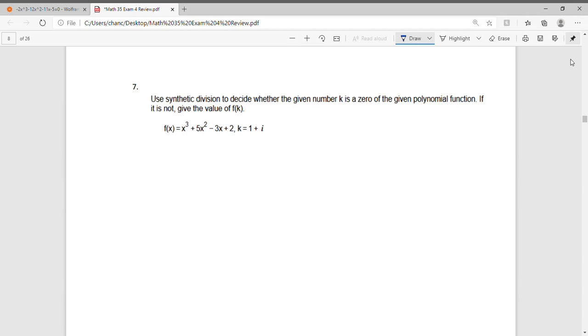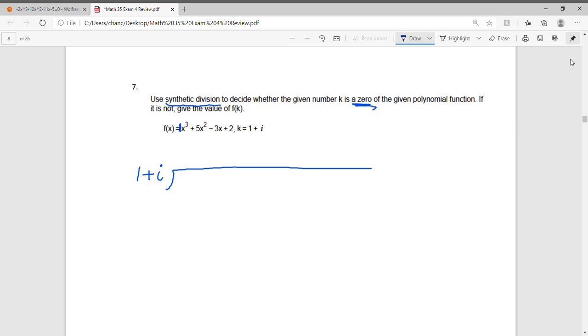Question 7. Use synthetic division to decide whether the given number k is a 0 of the given polynomial function. If it is not, give the value of f of k. We are given that k is 1 plus i, so we'll put that on the outside, and on the inside we'll put our coefficients.